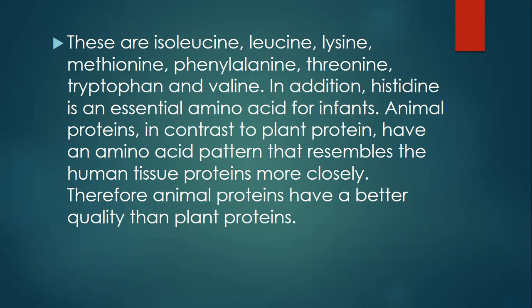In addition, histidine is an essential amino acid for infants. Animal proteins, in contrast to plant proteins, have an amino acid pattern that resembles the human tissue proteins more closely. Therefore, animal proteins have a better quality than plant proteins.